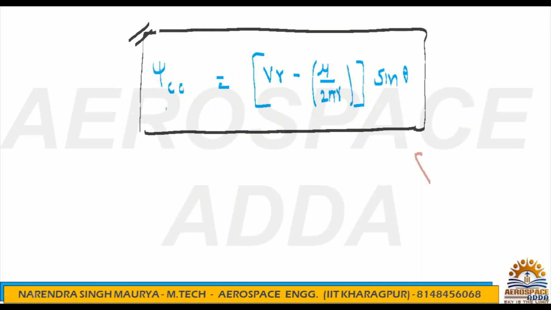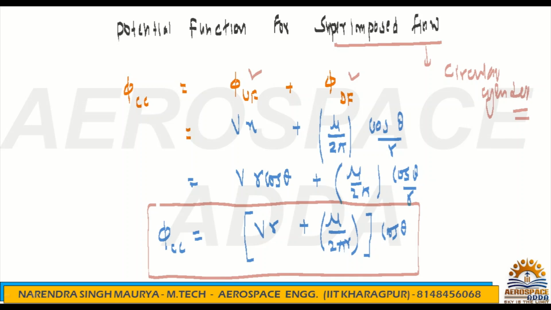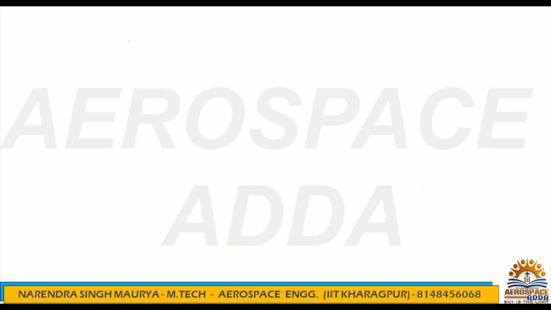It's very easy. You will have two velocities: the radial velocity and the tangential velocity. I can write first the radial velocity in polar form. You know the stream function as well as the potential function in terms of polar form.